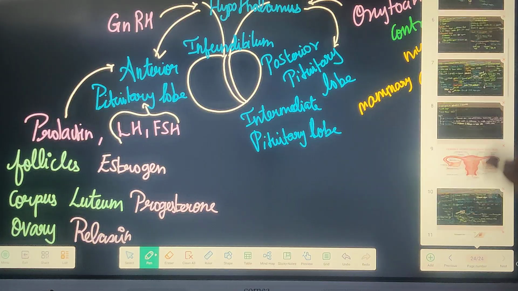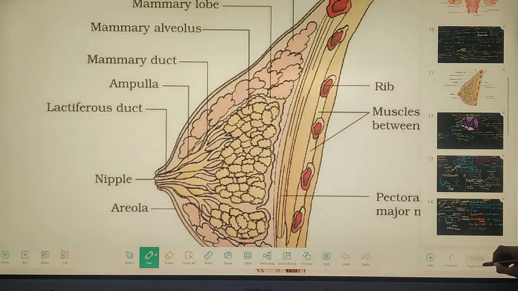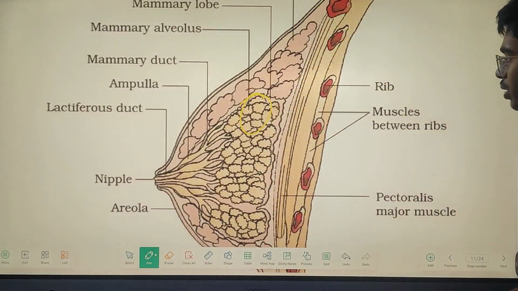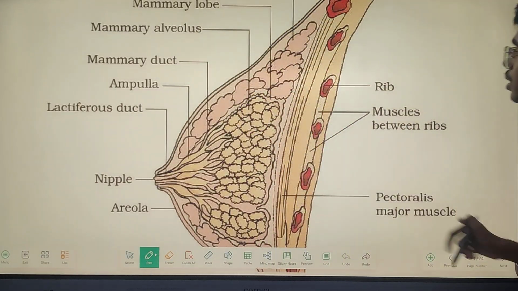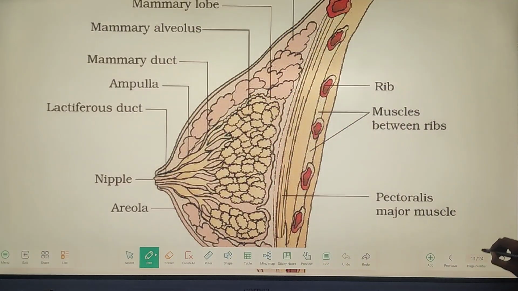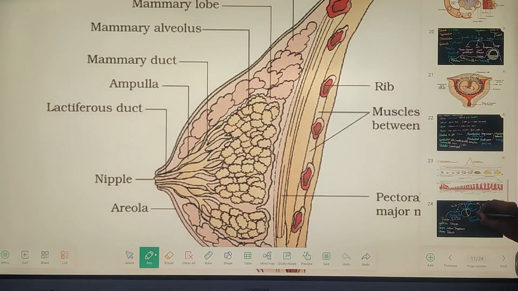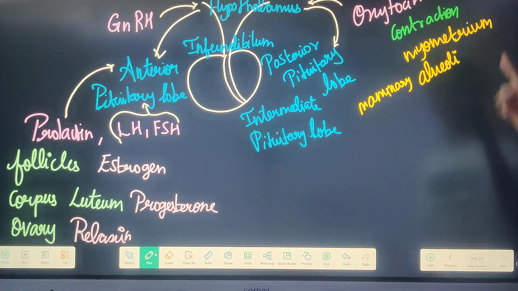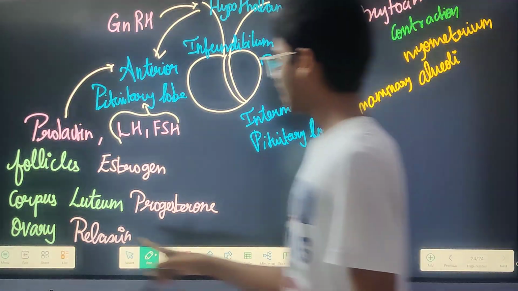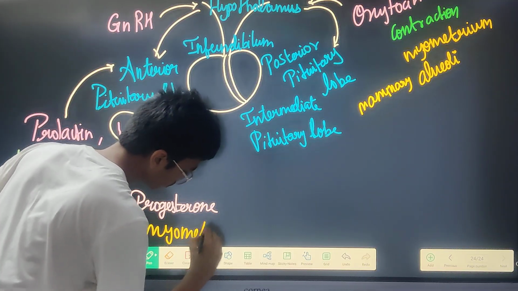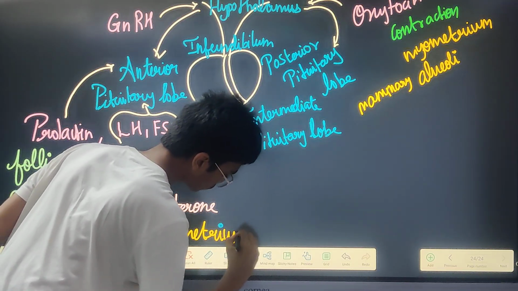I will show you. Here it will be active. Mammary alveoli, it will be acting so that they will be contracting. Here also this one acts on the myometrium only.